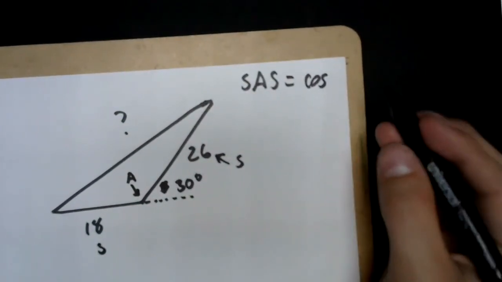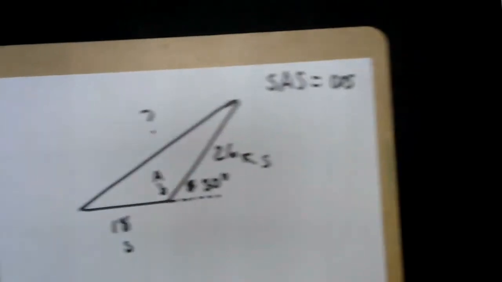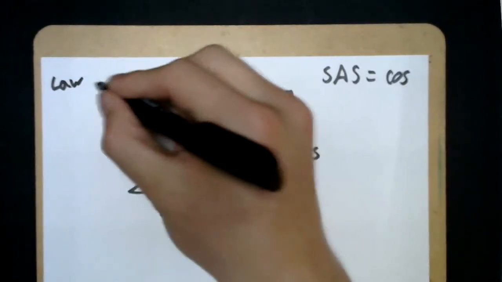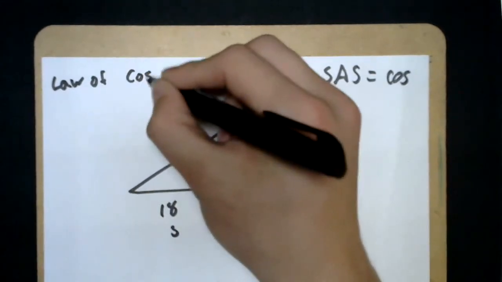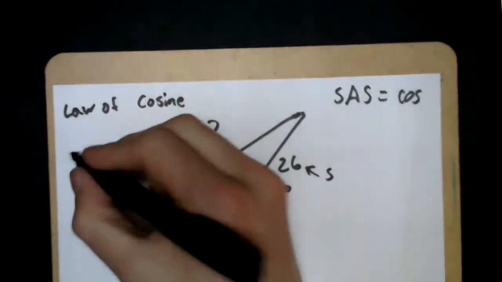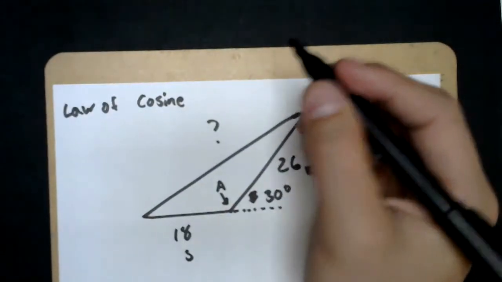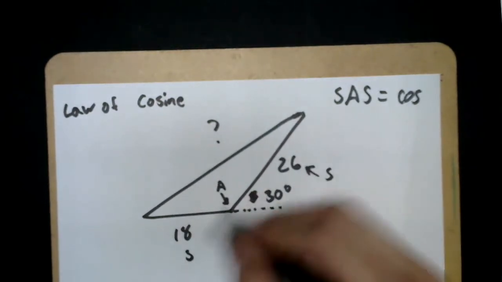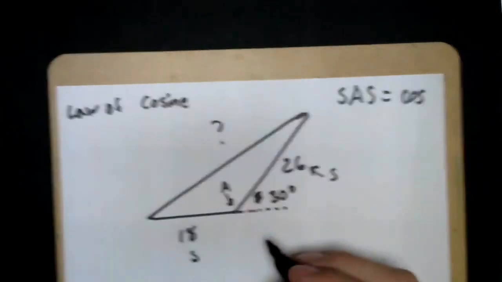That is the only way you can do it. How you find that is the law of cosines, a fancy equation to find this if you know two sides and an angle.